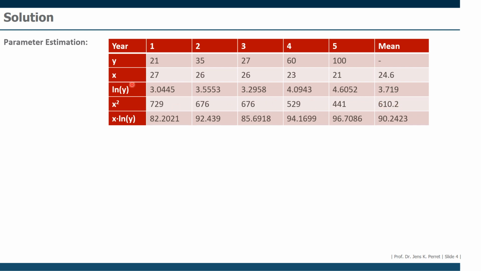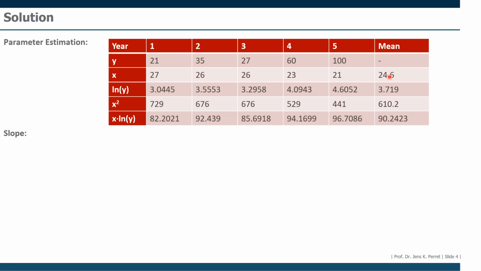And finally, I calculate x multiplied with the logarithm of y, and average this row too, because those four values are the only thing I need to calculate the parameters for my regression. How am I going to go about this?